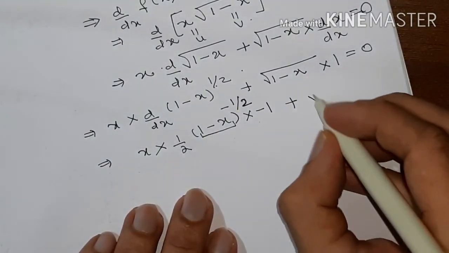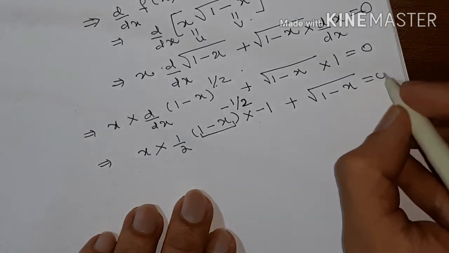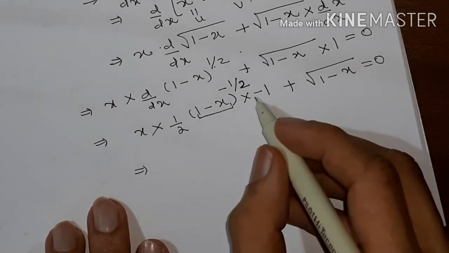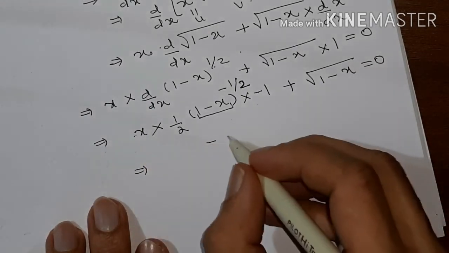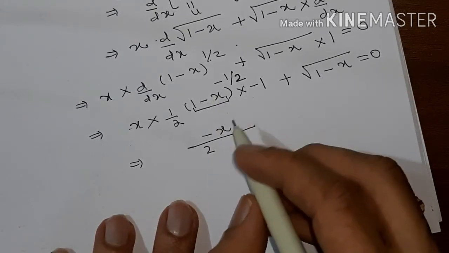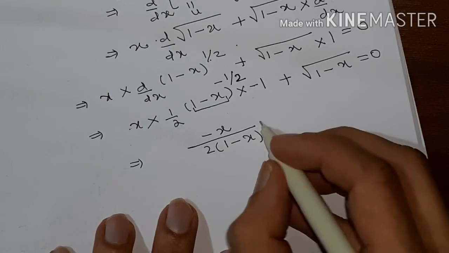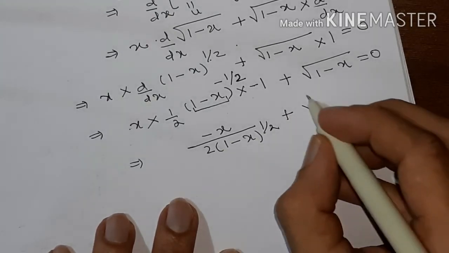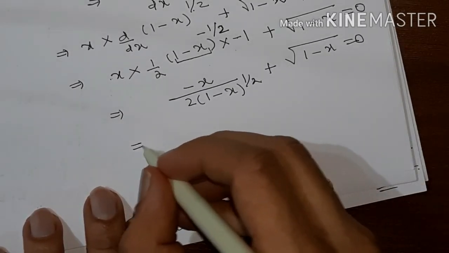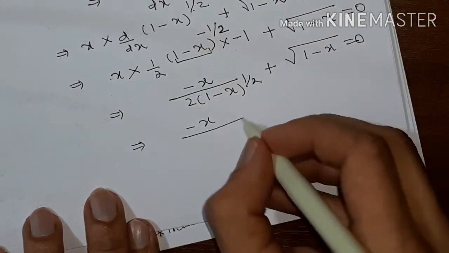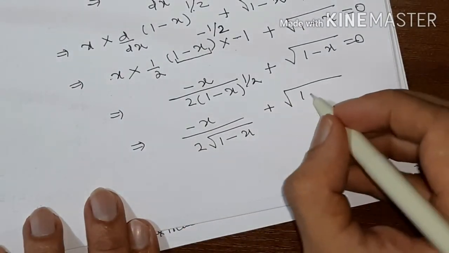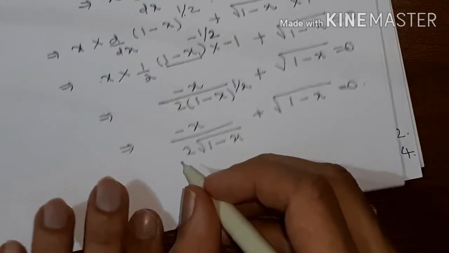Okay, so plus root of 1 minus x, this is equal to 0, right? Now what you will get here? This is minus x divided by, right, 2 multiplied by 1 minus x raised to half plus root of 1 minus x equal to 0. Okay, now what is this? This is minus x divided by 2 root of 1 minus x plus root of 1 minus x equal to 0, right?